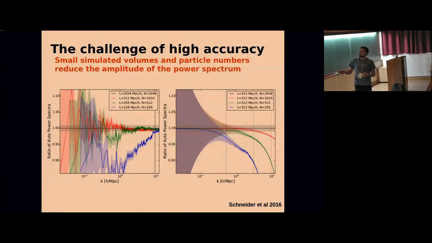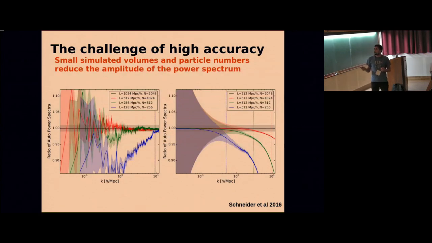So the right-hand side panel shows what would happen if you vary the number of particles in your simulation. Essentially, if you start discretizing your phase space with more and more particles, you end up with a different result. In this case, it shows the difference between using 200 cubed particles versus using 2,000 cubed particles.